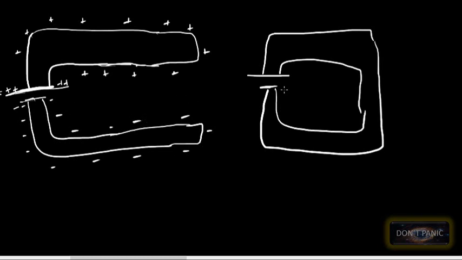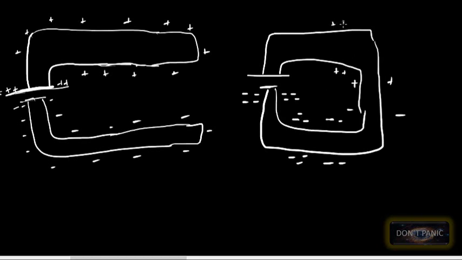And what ends up happening is, basically, you have positives here, negatives here, and then you have more negatives here and even more negatives here, and very negative here because it's right next to the terminal. And same thing here.